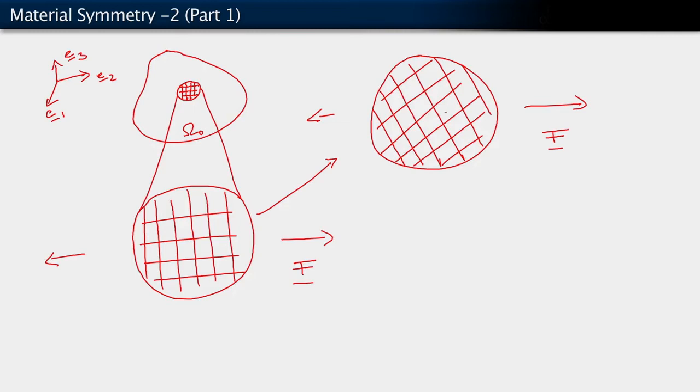Clearly, what these fibers here are experiencing because of their orientation is different from the stretch that fiber is experiencing, even though relative to the walls of the room my F is the same. So this little piece here experiences F Q transpose.